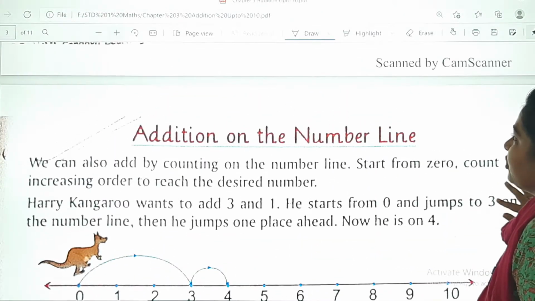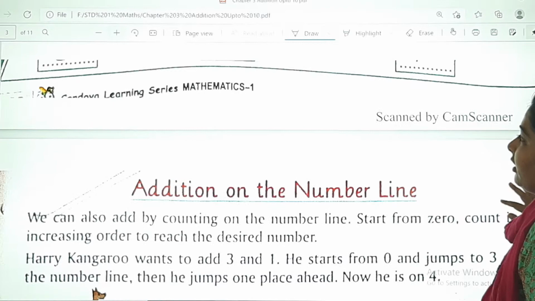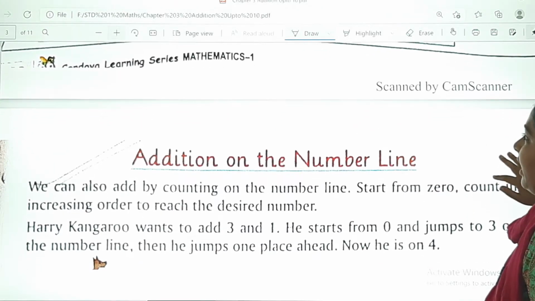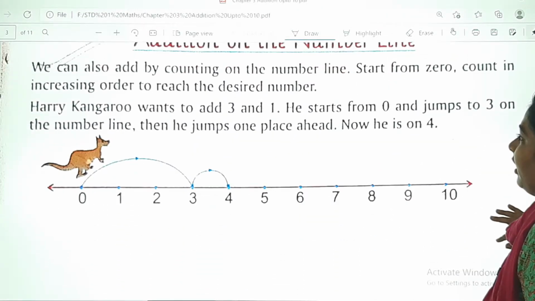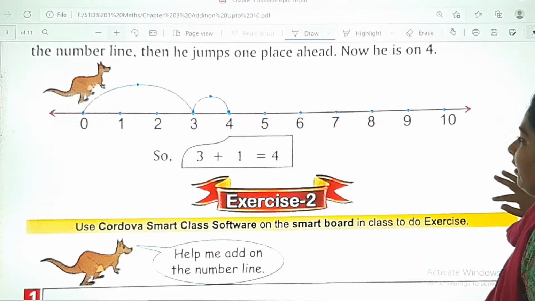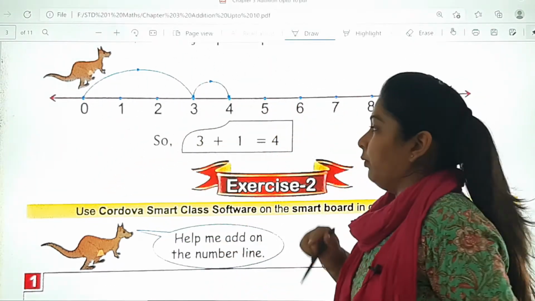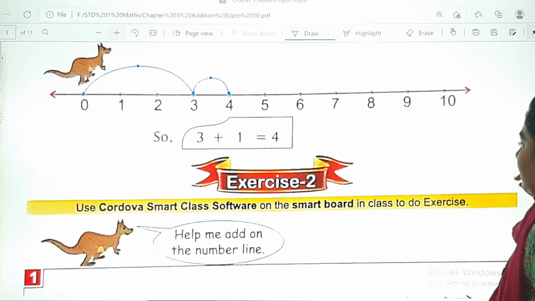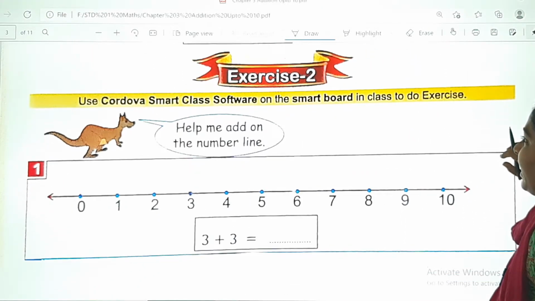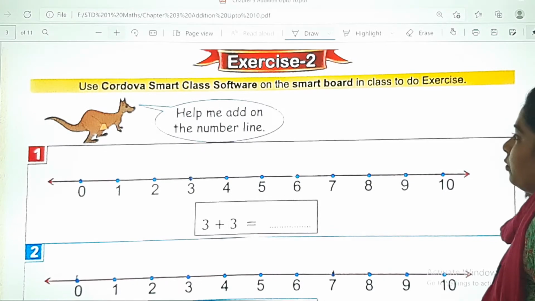Yes, the 3rd chapter. Understood, dear children? That is the addition on the number line. See, this we have studied about the kangaroo. Now, let us move on to exercise 2.